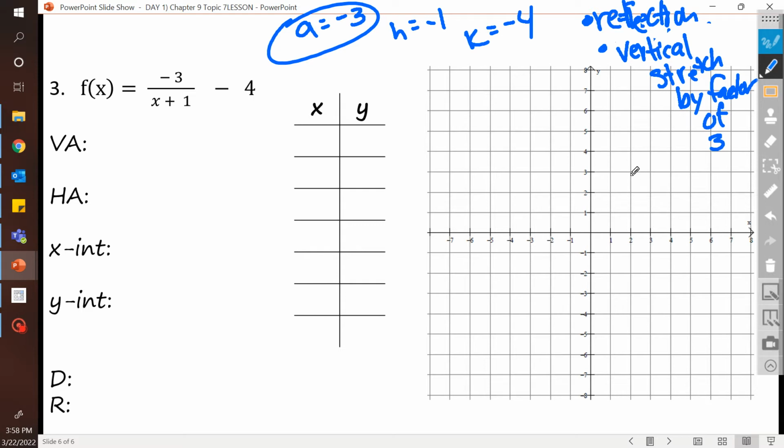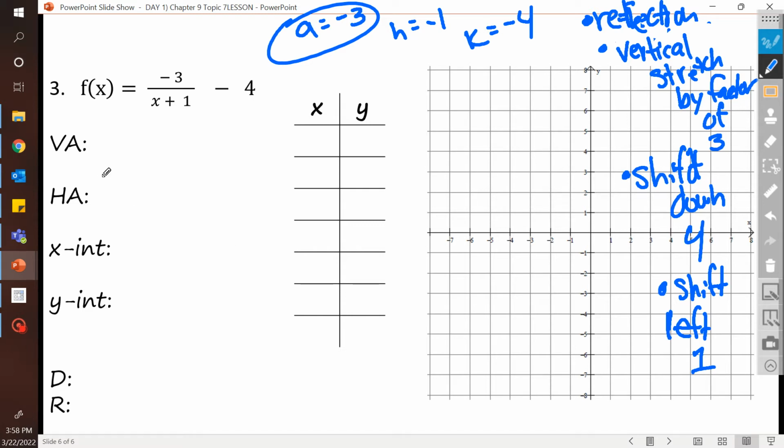We're looking at a shift down by 4. And we're looking at a shift left by 1. Okay, so there's a lot of transformations here that we have to be aware of.